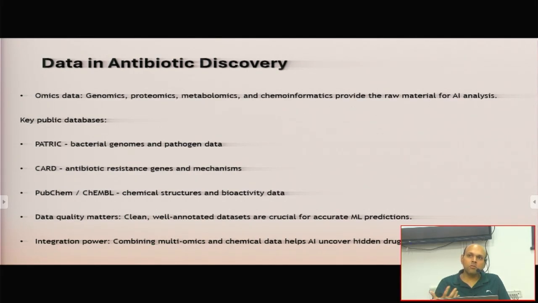Because you can also look at RNA-seq data. For example, in RNA-seq, you can understand what kind of genes are being expressed and how those genes are involved, whether in drug resistance or whether they can be used as targets for inhibition of the bacterium. Those are the things that can be integrated using the multi-omics data sets.